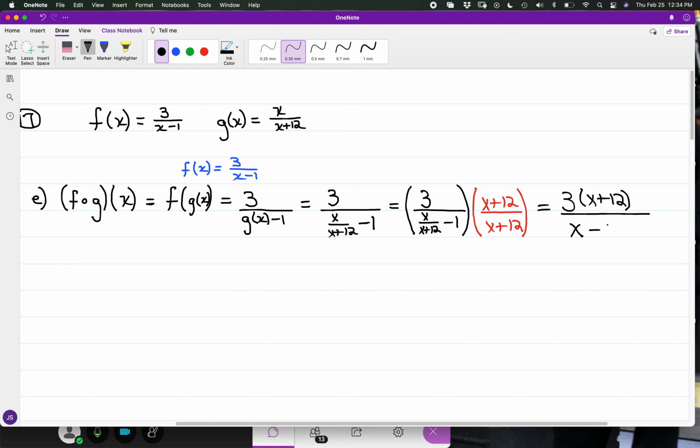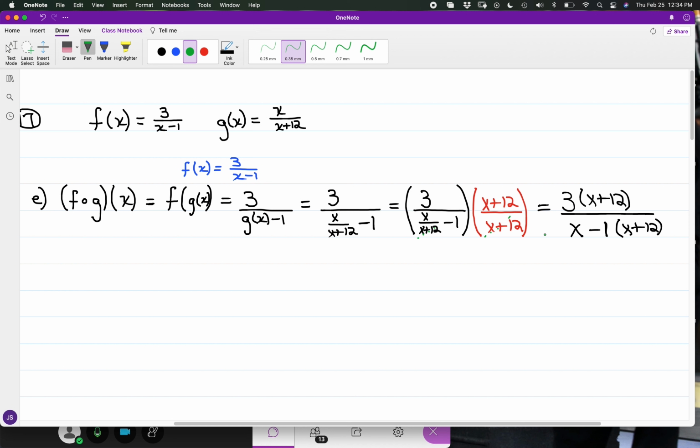So I'm going to be looking at distributing subtraction, or in this case, negative 1 over the binomial x plus 12. From a visual standpoint, that'll be the x plus 12s going out, at least with the first distribution.